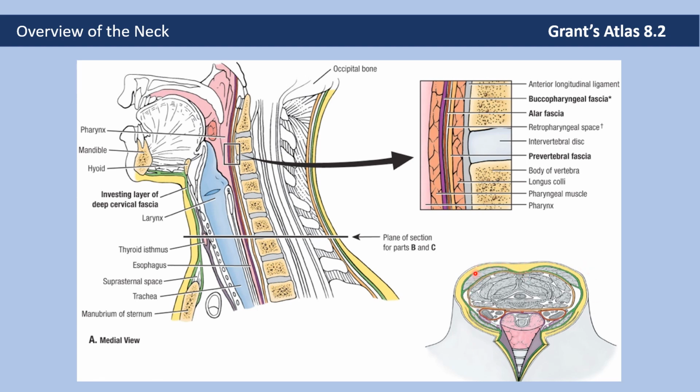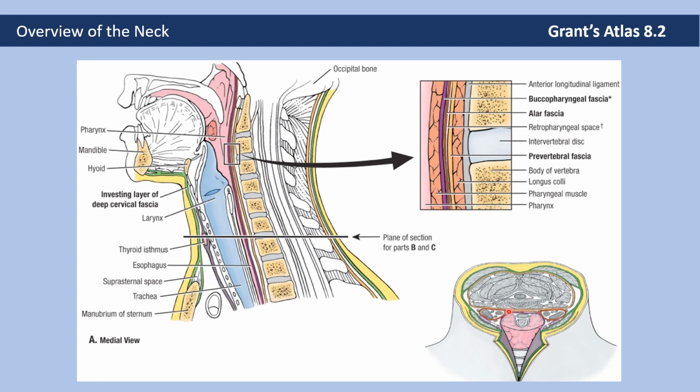And you can see this green fascia that splits and goes around trapezius and then comes back together again and then splits again to go around the sternocleidomastoid. This layer of fascia indicated by the green going all the way around the outside of the neck is the deep layer of investing fascia.